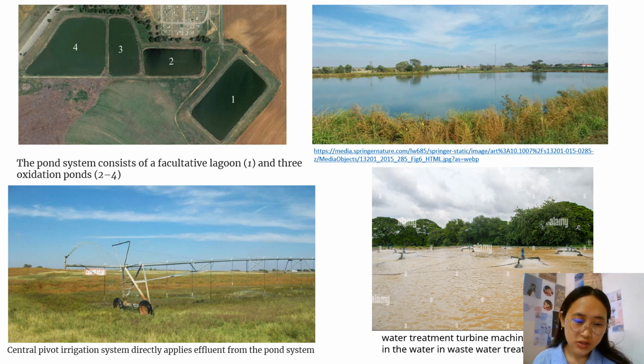The third one is the central pivot irrigation system that directly applies effluent from the pond system. And the fourth one is a water treatment turbine machine, where they reduce the BOD in wastewater treatment. So these are the actual images. The images I used in the types of oxidation pond were AI generated, but these are the actual images, how they look.